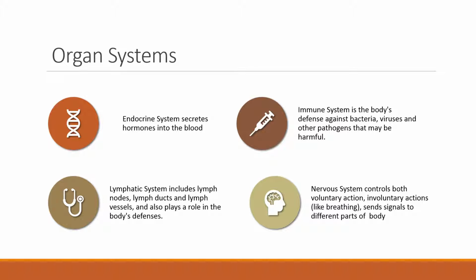The nervous system, it controls voluntary action, involuntary actions, and it sends signals to different parts of the body. Another branch of the nervous system, the central nervous system, and this includes the brain and the spinal cord. So again, we will be examining these organ systems and see how they play a role with diet and disease in totality.